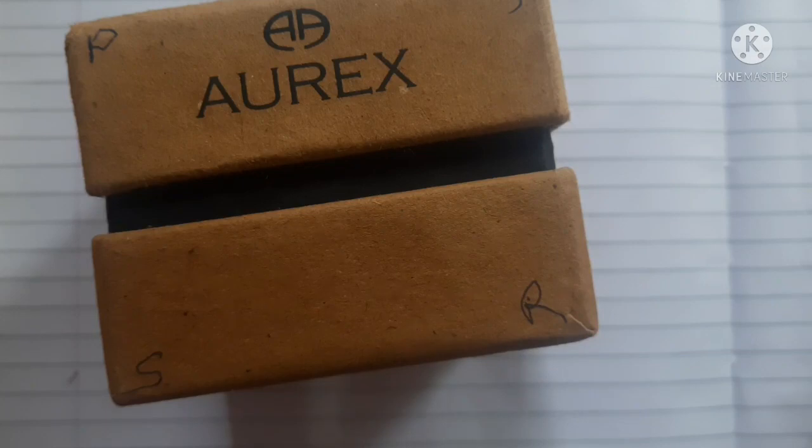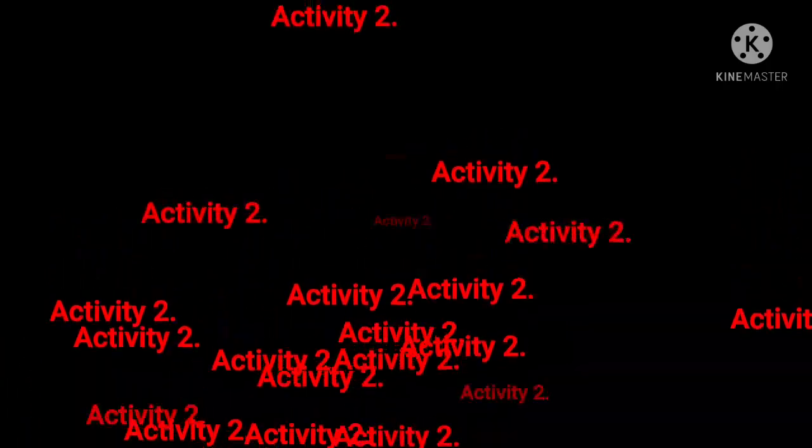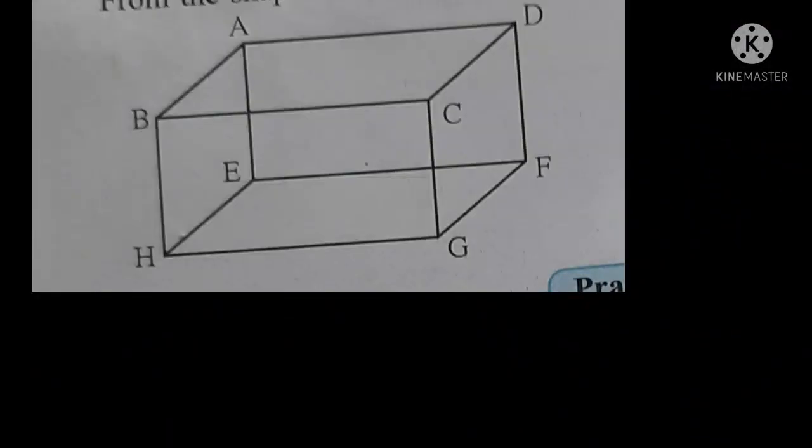Second, let us do the activity. Here we do the activity from the shape shown alongside. We write the names of pairs of congruent line segments. The shape of the alongside figure is a cuboid.